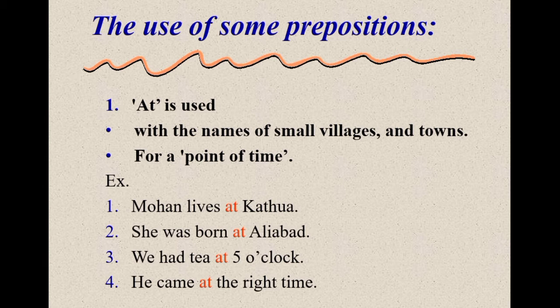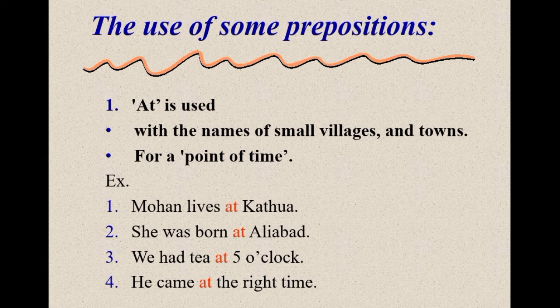Over here we have some examples. First, Mohan lives at Kathua. Means Kathua is a small village, so that's why here we have used the preposition at. Second, she was born at Aliabad. So here Aliabad is the name of a small town, so we have used the preposition at.